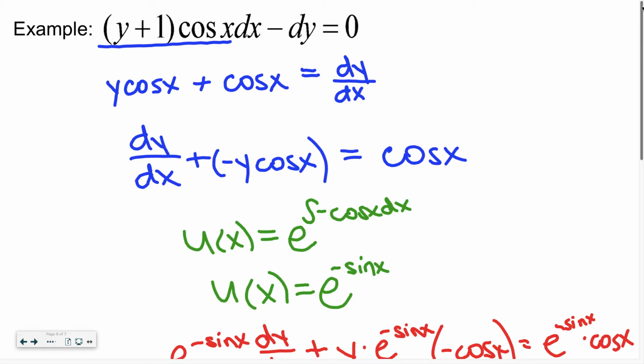Okay. When we made dy dx, we had y plus 1 times the cosine of x. Separation of variables. We could have done separation of variables. Why didn't we?